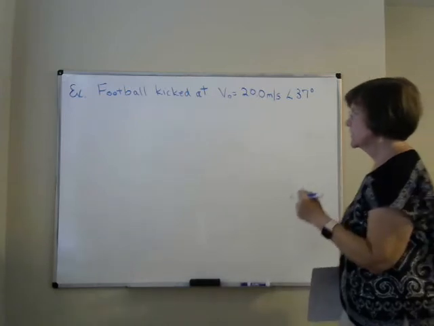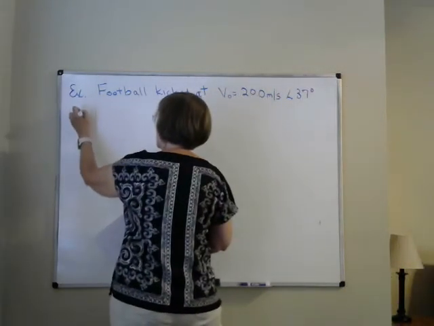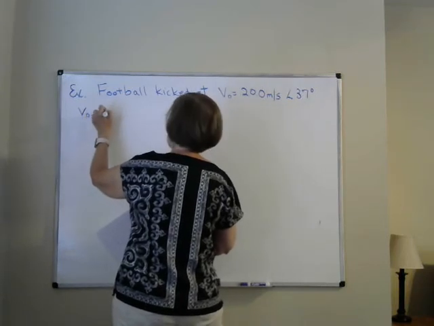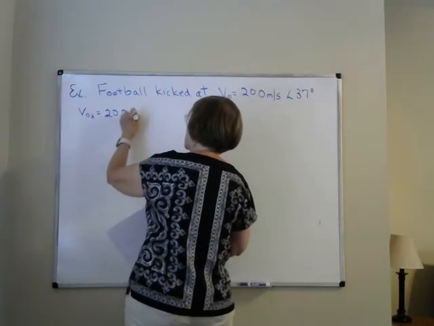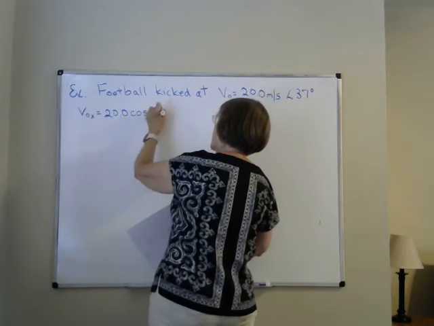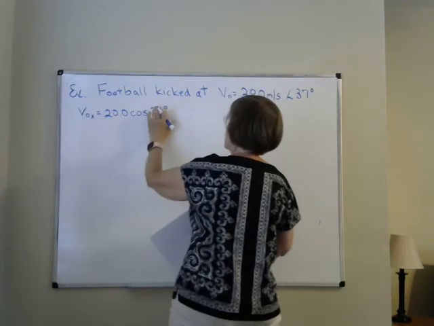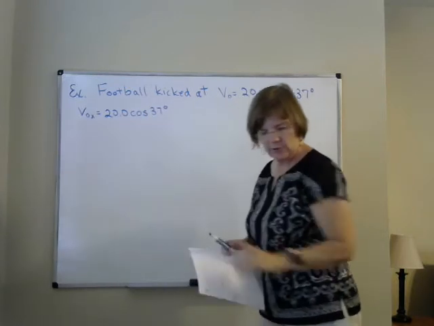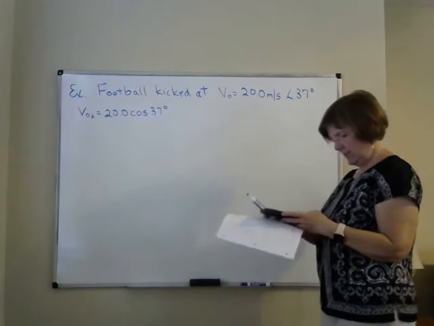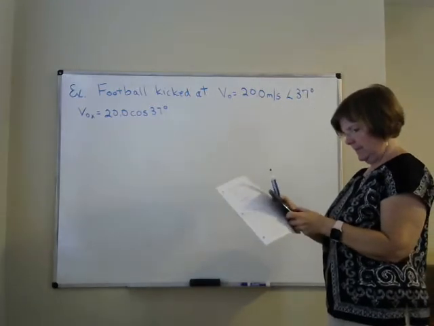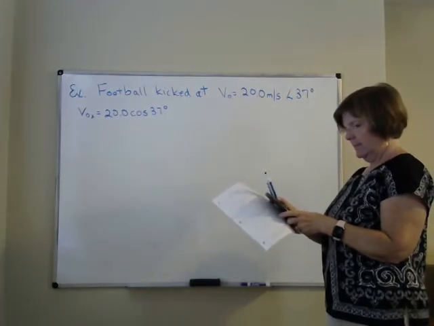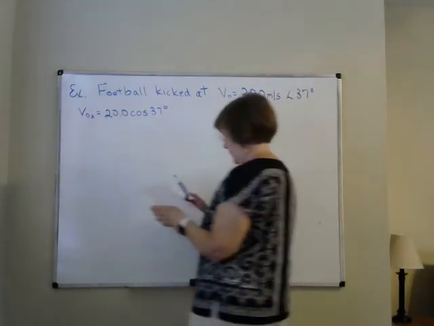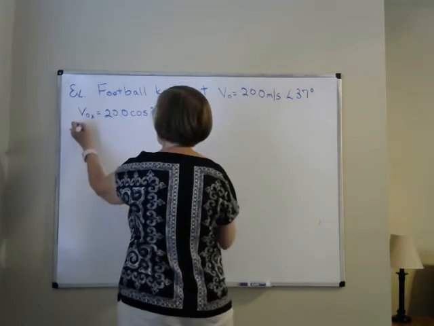The very first thing you need to do is figure out what is the x component. It's 20 cosine 37 degrees. What is 20 cosine 37 degrees? It comes out to be 15.97. Really, really close.